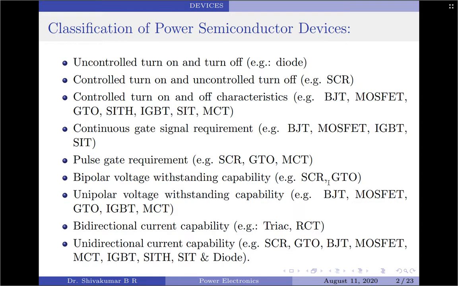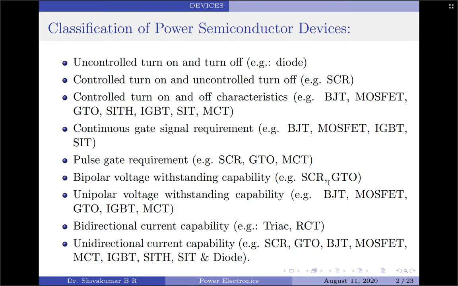For example, for a BJT, when it is biased in common emitter configuration, a continuous base voltage is required to keep the transistor in the on state, provided we already have given a positive voltage across the collector to emitter terminals. The same can also be said for a MOSFET, except that now we are providing the control voltage across the gate terminal.